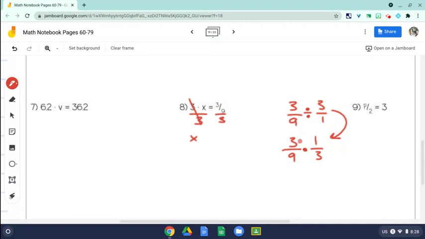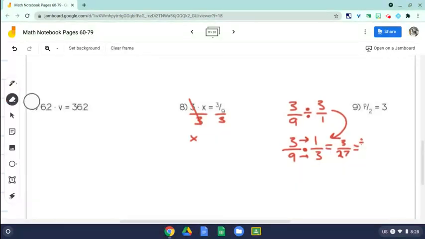So I'm going to multiply across here now that I've flipped the fraction we're dividing by. 3 times 1 equals 3, and 9 times 3 equals 27. So 3/27. Now 3/27, of course, can be reduced if I divide by 3.